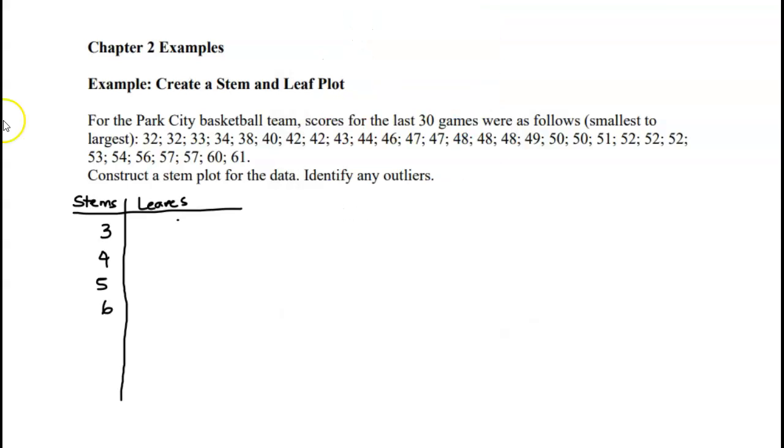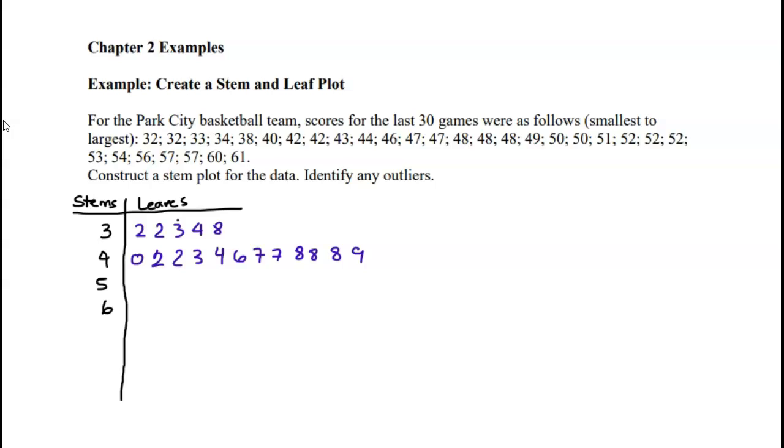Okay, so the first one is 32, so you list the 2. Then another 32, and a 33, and a 34, and a 38. Right? Then the 40s, we have 40 and 42, and another 42, a 43, a 44, 46, 47, 47, 48, 48, 48, 49.